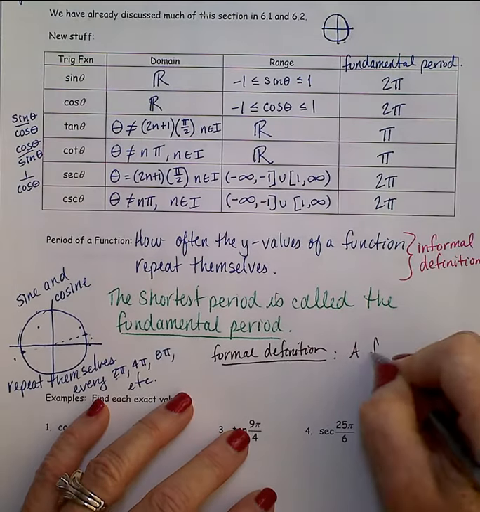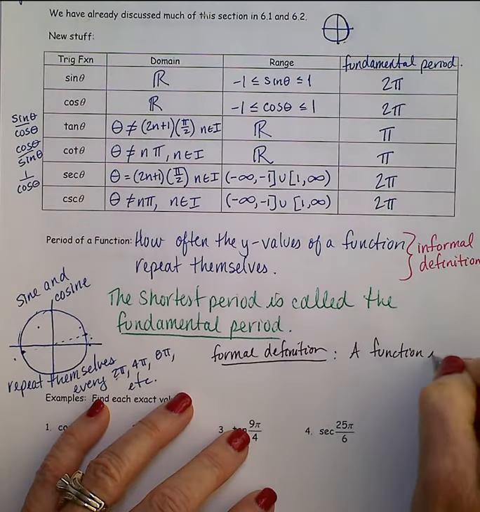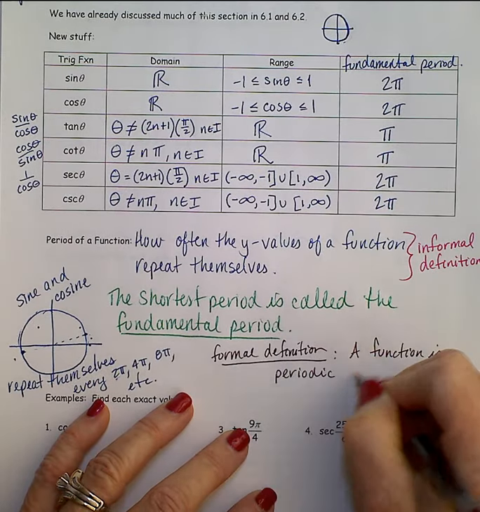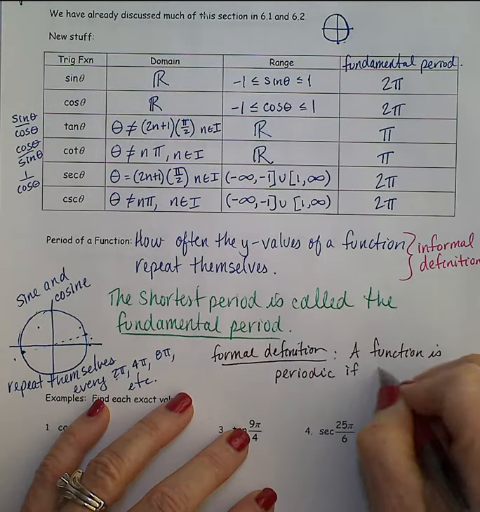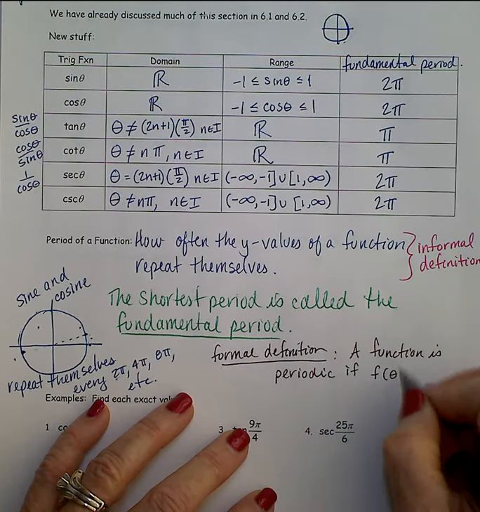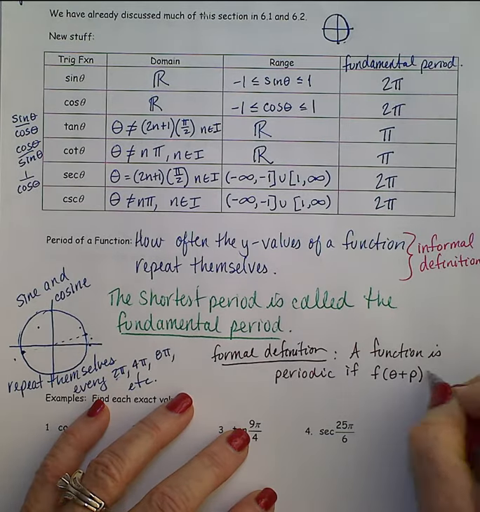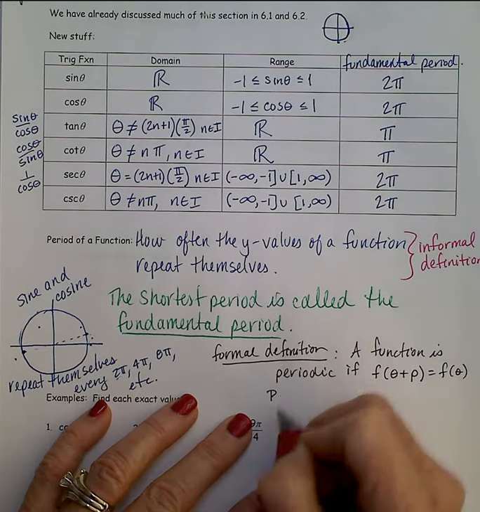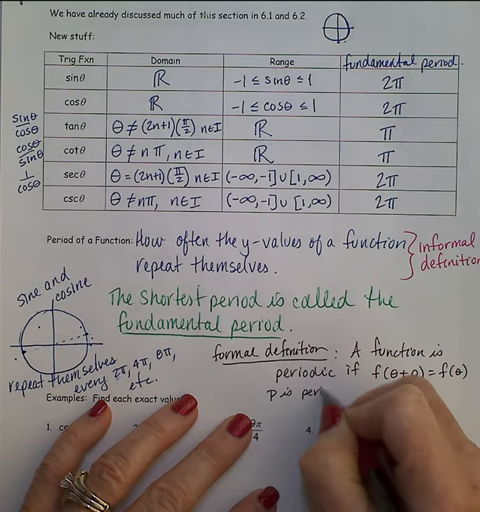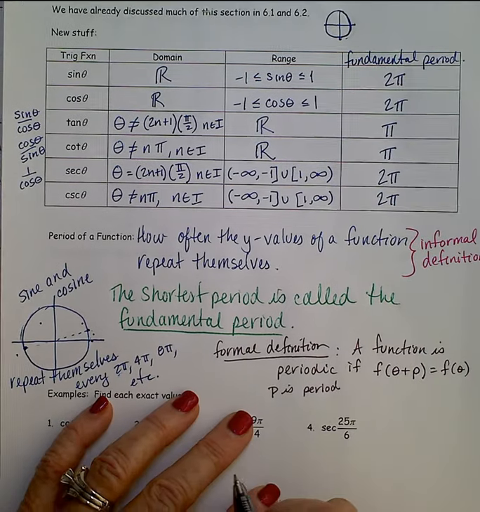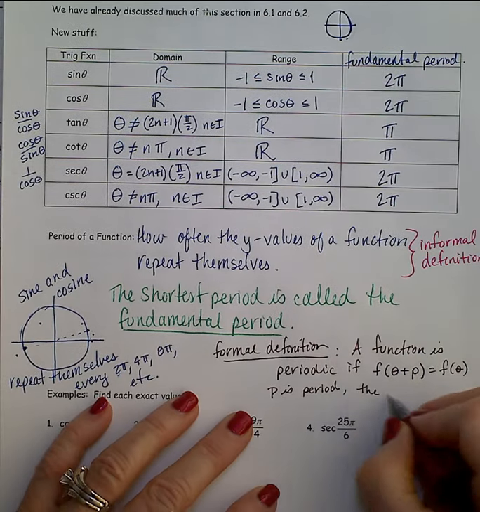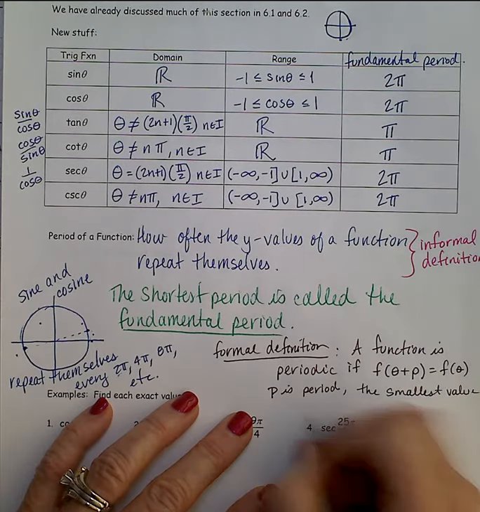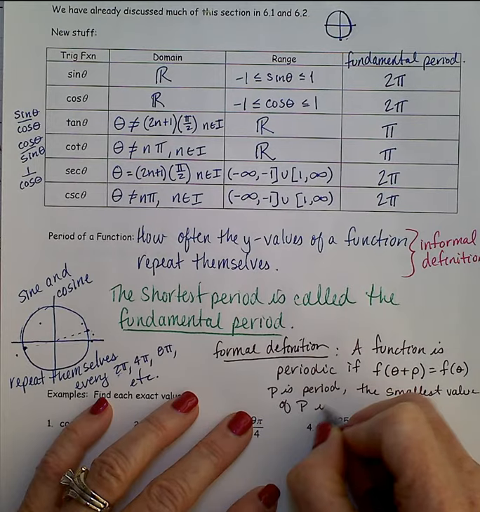A function is periodic if f of theta plus p is equal to f of theta, where p is the period, and the smallest possible value of p is the fundamental period.